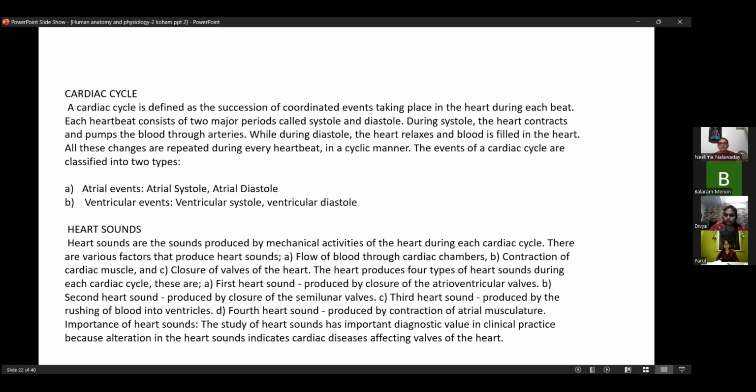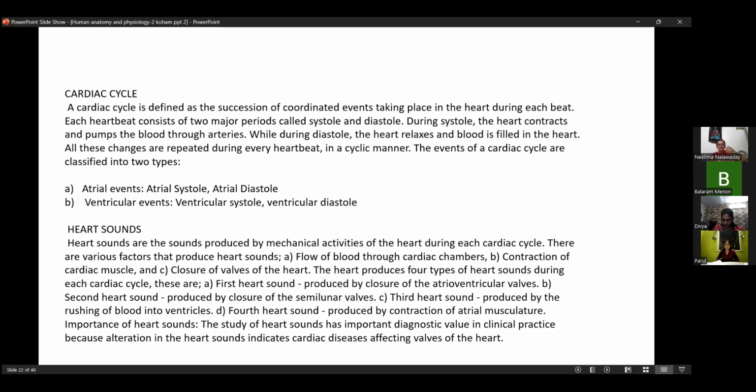Each heartbeat consists of two major periods called systole and diastole. Now, this contraction is called as systole and relaxation is called as diastole. When doctors check your blood pressure, they say that systolic is this, and diastolic is this. Systolic is upper limit, diastolic is lower limit.